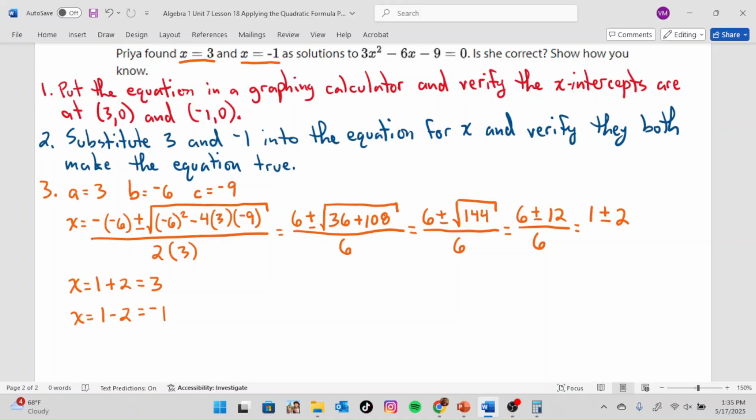So again, all 3 of these methods are valid. All 3 of them will work. They will all find the same answers for you. I just chose to do it the third way simply because this lesson is about solving by using the quadratic formula.